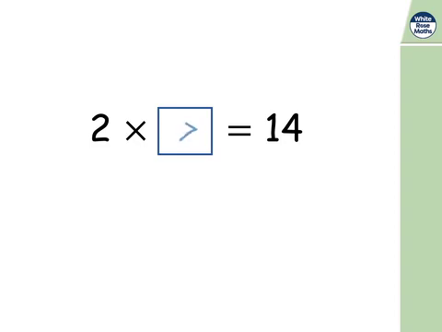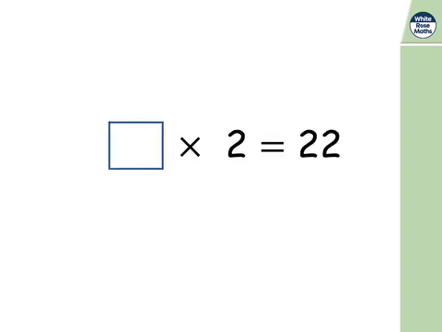We did 7 jumps. 2 times 7 is 14. Oh gosh. I think it's similar to the last one. If we count up in twos to 22, we'll do 11 jumps. 11 times 2 is equal to 22.